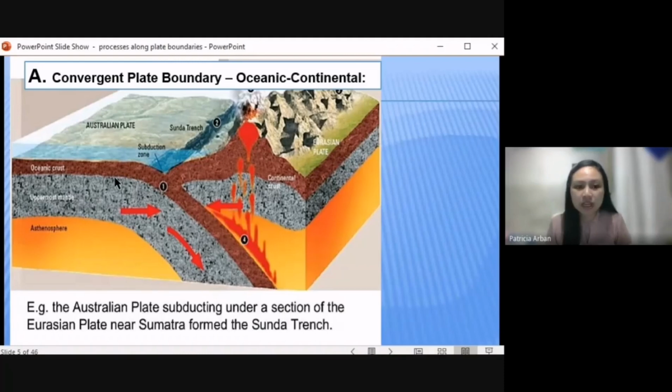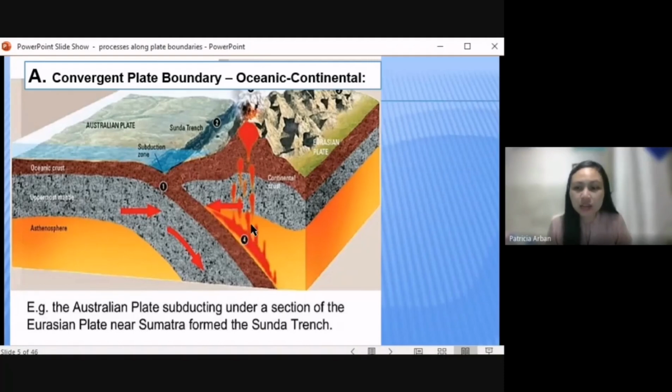When the oceanic crust reaches the mantle, since it is very hot there, the leading plate or the rock starts to melt. And where does it go? Sa paglubog ng oceanic crust, there is a portion of water pa rin na nakasama doon sa rocks na yun, and then it will combine doon sa ating molten rock, which is called magma.